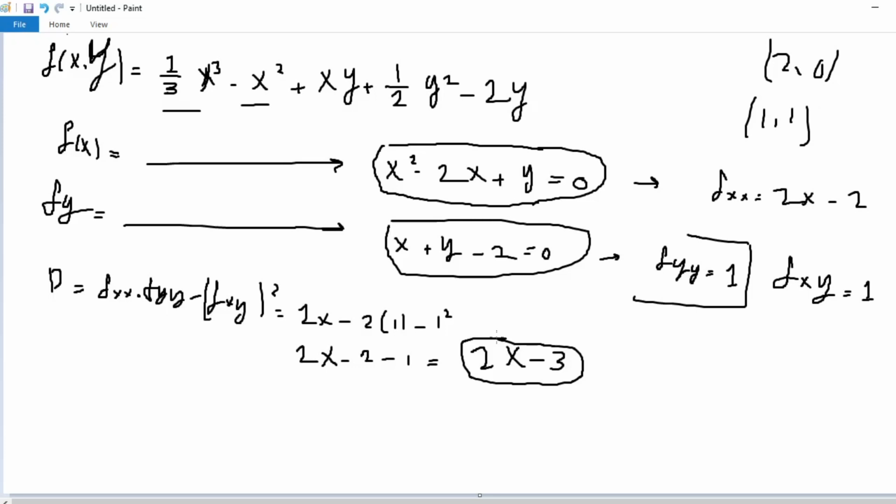So this is the discriminant. What's left here? Just a piece of cake. We need to find the discriminant for the first critical point, for example, (2, 0).